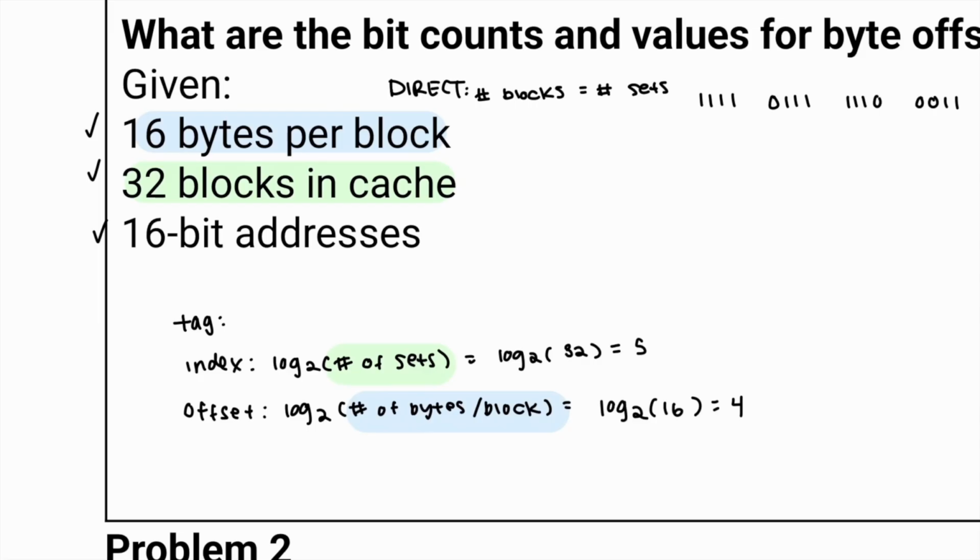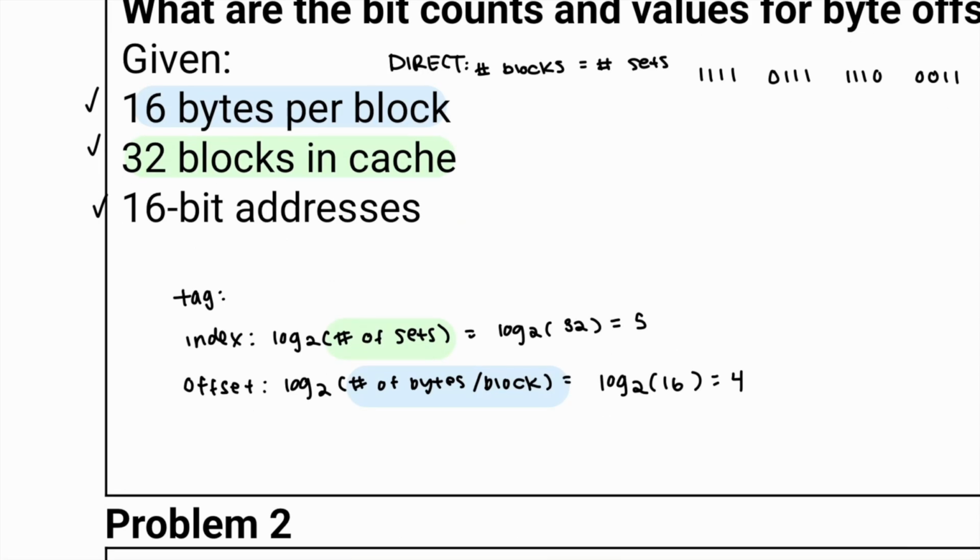And our tag, which is n-bit minus index minus offset, will equal 16, which is given to us right here, minus our index, 5, and then minus 4. 16 minus 9 is going to be 7. So we have 7 bits for the tag, 5 bits for the index, and 4 bits for the offset.